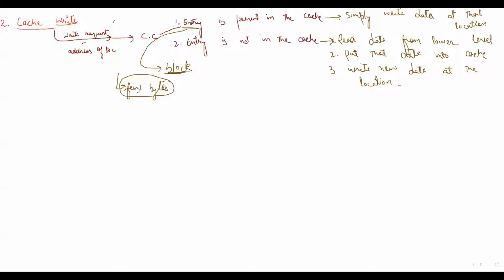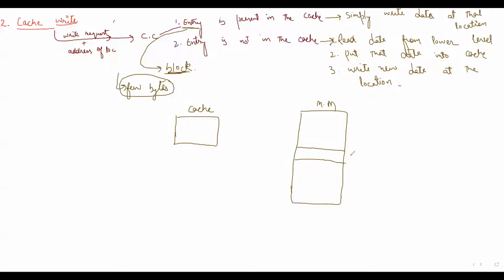Fine. Now the question arises, let's suppose this was my cache, and this was my main memory. Let's say there is some block B1 at this address, and I have taken this block and put it into the cache. This block B1 contains data 50 here, and it also contains data 50 in memory.